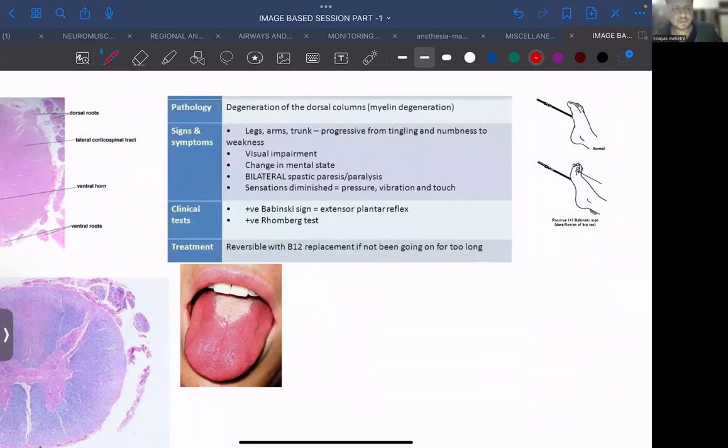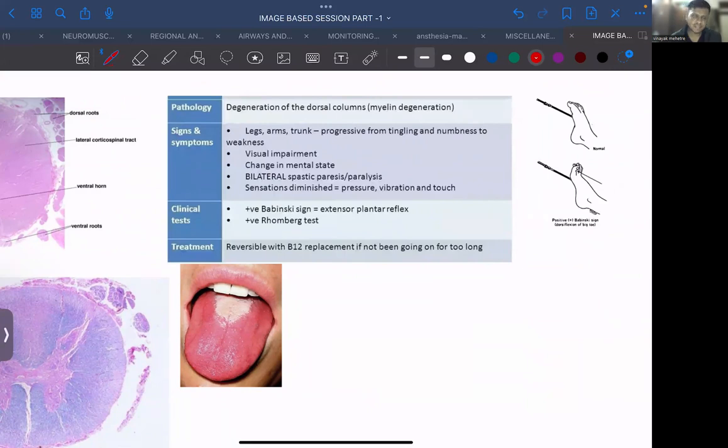Vitamin B12 deficiency. Questions come on deficiency, and that can come in hematology as well. A female from a religious family, not eating meat.